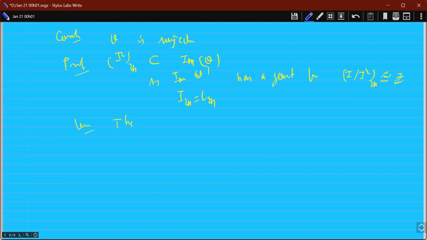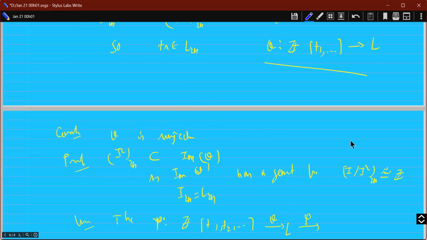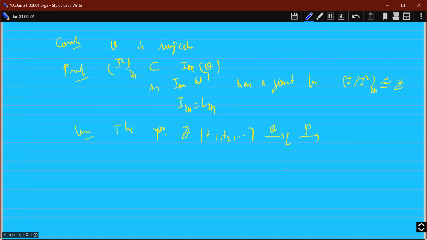For this map, we compose theta and phi, and this is injective.